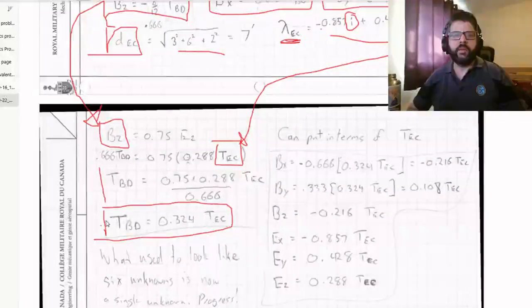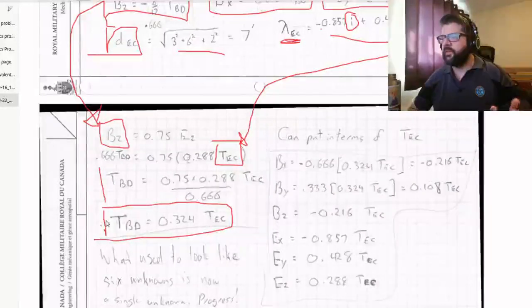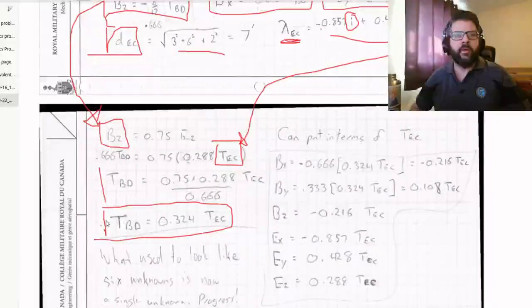So the tension in B to D ends up being a bit under a third of the tension in E to C, 0.324.